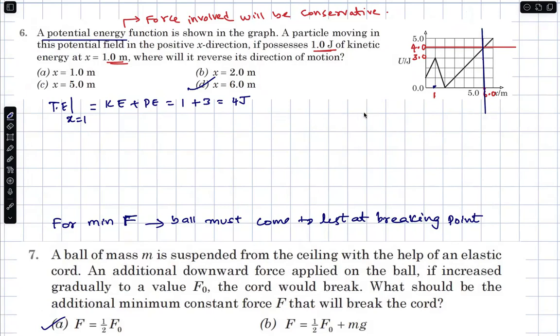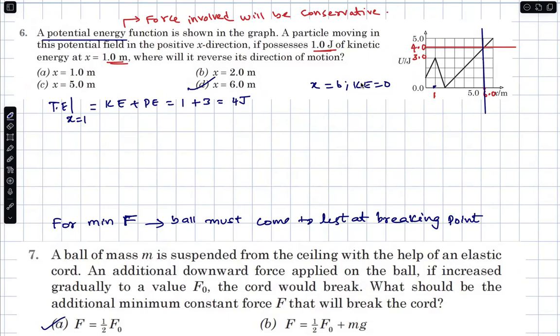After this, we have nothing to do. You won't even cross that. The moment you reach x is equal to 6, kinetic energy is equal to 0. You won't cross that point.